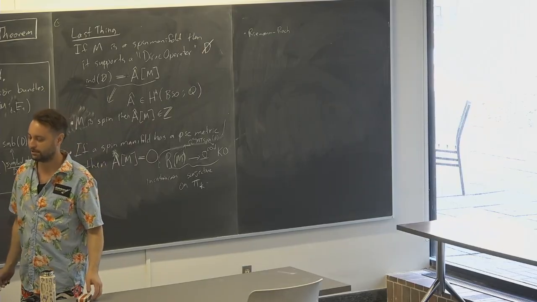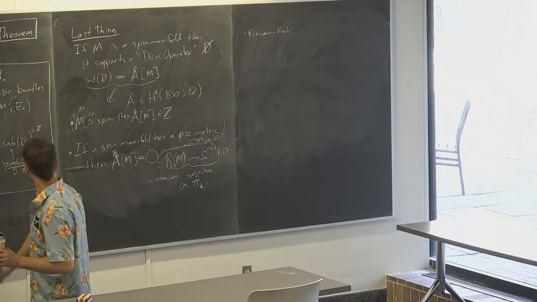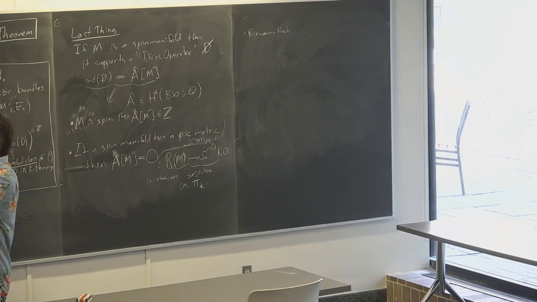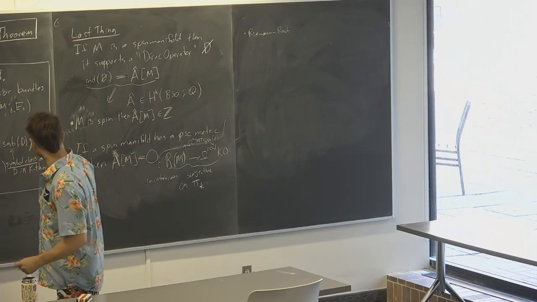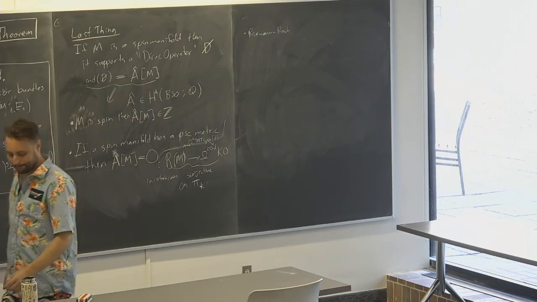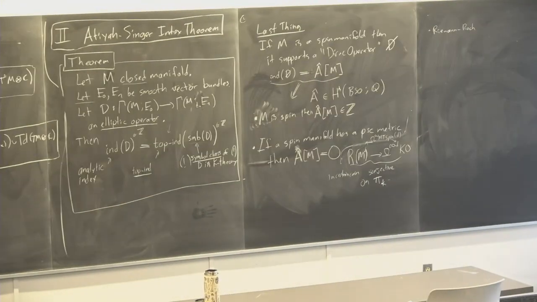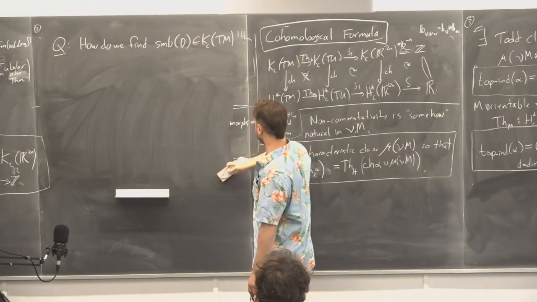Question. I know we haven't talked about the Clifford algebra stuff much, but is the fact that there are only two grades of K related to the fact that you only have two grades with Clifford algebras? It's different. Yeah, the periodicities in K-theory do come from Clifford algebras.